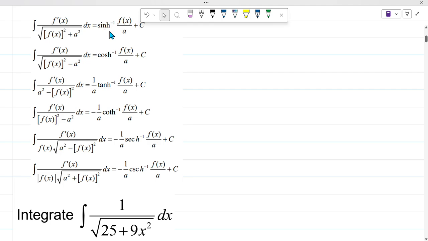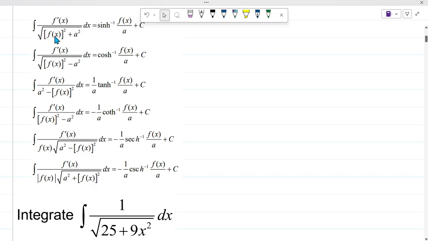What happens is that the denominator of sine and that of cosec are going to be the same inside. However, you keep the middle sign the same, and then you just swap the two to the left and right. You keep the middle sign the same, and then you swap f of x squared and a squared.